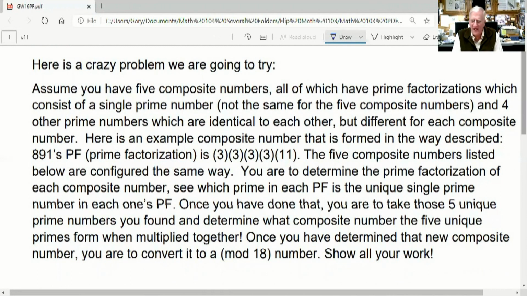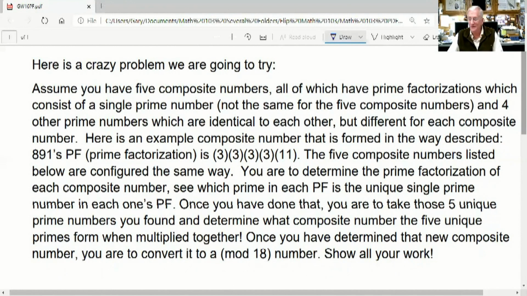Now, once you get that number, here's what you have to do. Once you've determined that new composite number, you are to convert it to a mod 18 number. So I want to know that number that you get when you multiply those 5 unique primes together, what the value of that number is in mod 18.